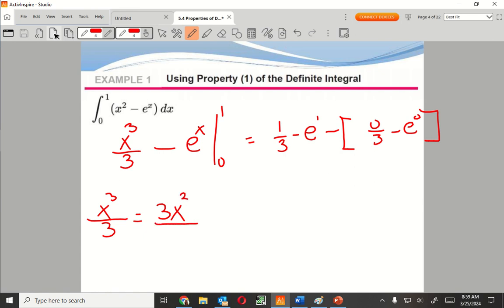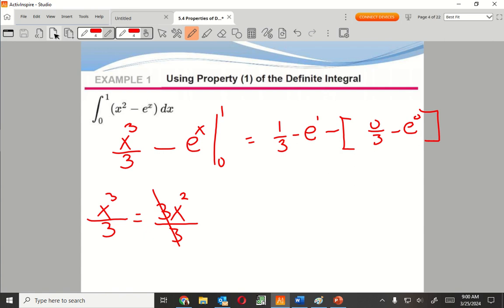But this one's still over 3, isn't it? And so what happens here? Yes. So what this is, we're taking the antiderivative. So the antiderivative is integration. So the rules are backwards on this one. So to take the derivative, I do these steps right here, right? For the antiderivative, I add 1 to my exponent and then divide by the new exponent. Make sense now? Okay, good.